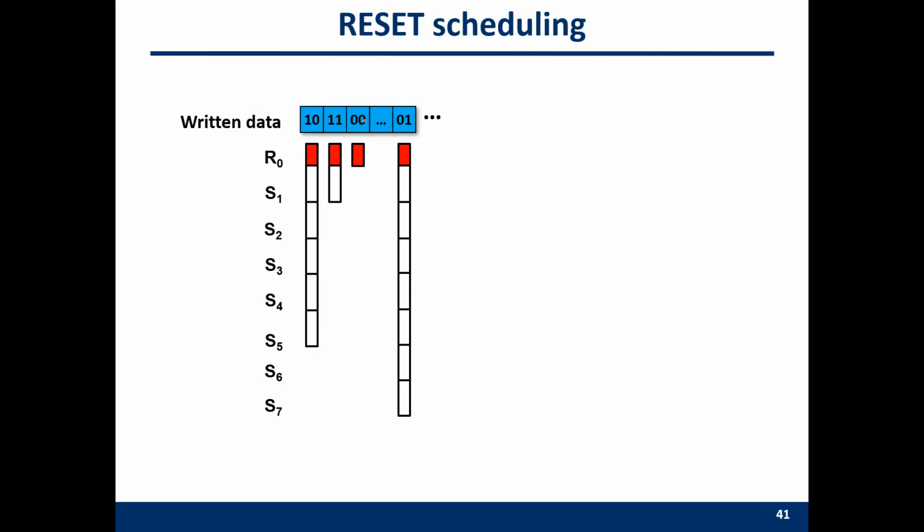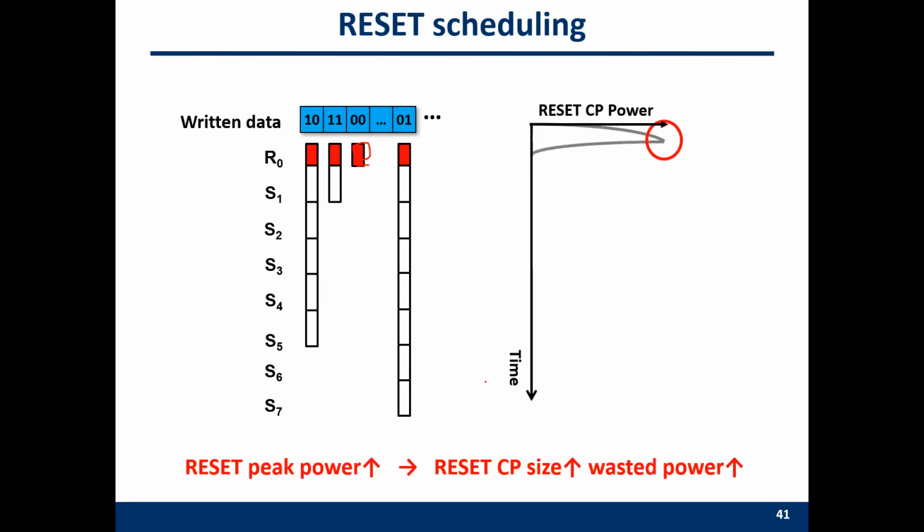For example, 00 just requires an amorphous fraction, so you don't need to set it. On the contrary, some numbers just need more sets. And we also have the non-deterministic write problem. But generally, we know some numbers require more sets than other numbers.